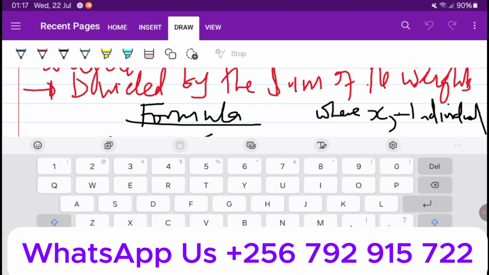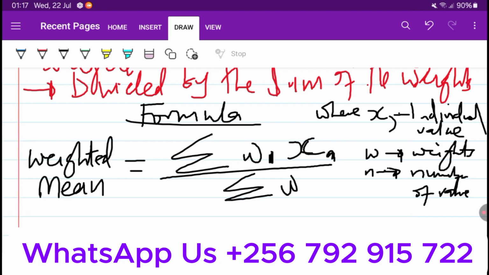So the weighted mean is an average computed by giving different weights to individual values. So if the weights are all equal, then the weighted mean will be the same as the mean.